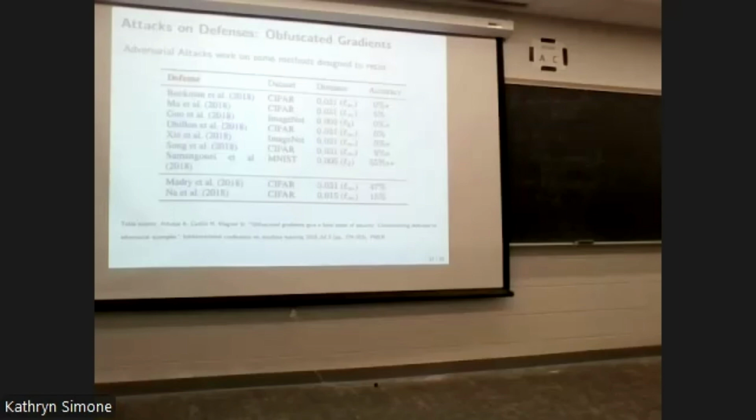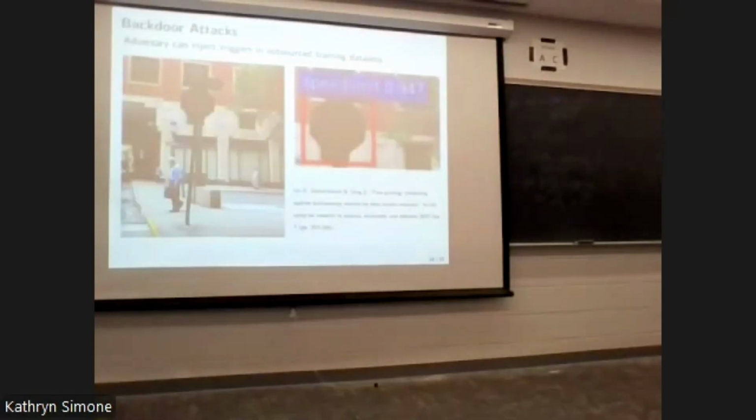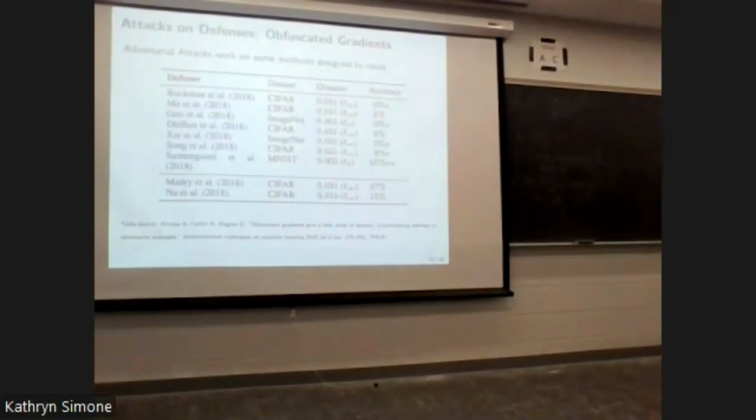If you're looking for a project, that might be something fun to do. Anyway, the point is that defensive models have been proposed, and they may make intuitive sense. But what really matters is how they stand up under attack, and adversarial training is still robust.